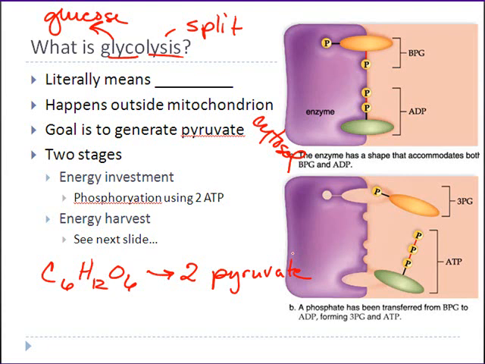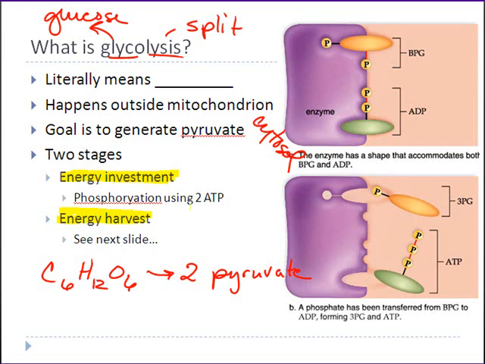So we've just taken a 6-carbon molecule and turned it into 2 3-carbon molecules. And there are 2 major steps involved in the process of glycolysis. There's what we call the energy investment phase. We have to actually invest a little ATP energy to get the process started, and then we get to harvest energy, and actually our return on the investment is greater than the amount of energy we invested.